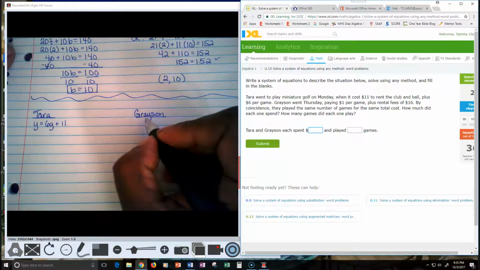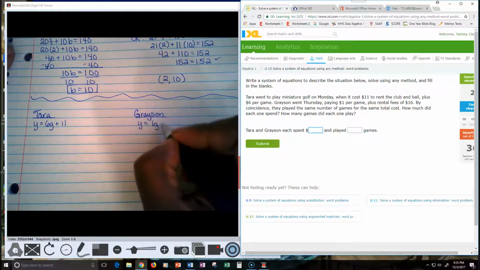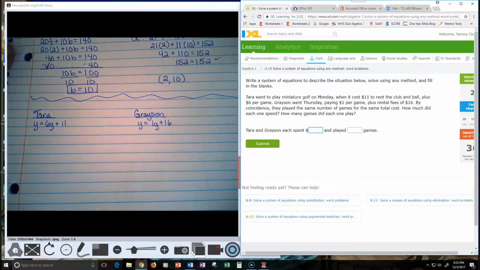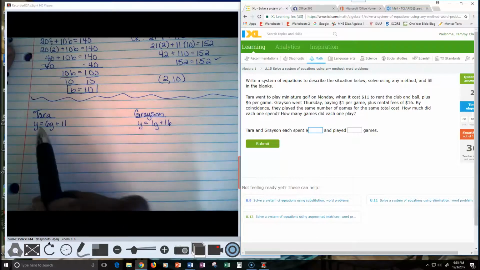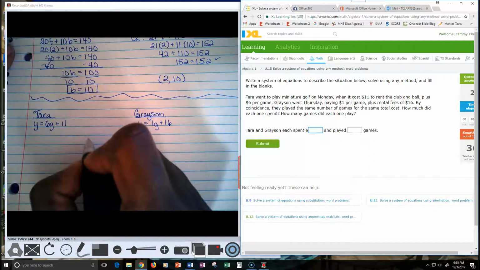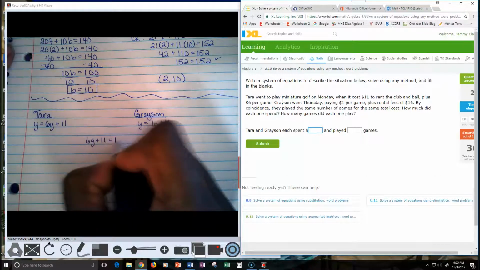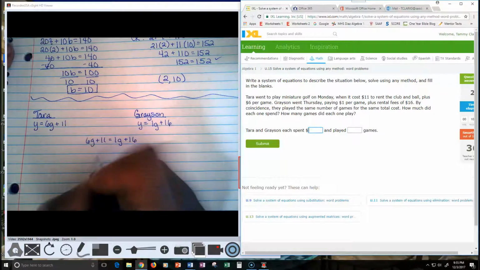And then on Thursday, Grayson pays $1 per game plus the $16 he had to pay to rent. And we see that we have 2 slope-intercept forms, so we can set them equal to each other. So I have 6g plus 11 is equal to 1g plus 16.